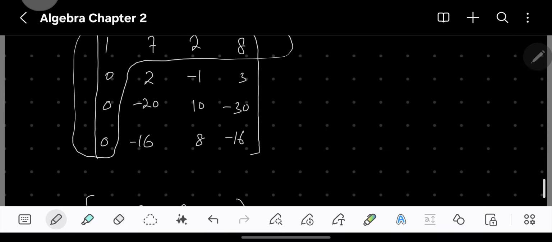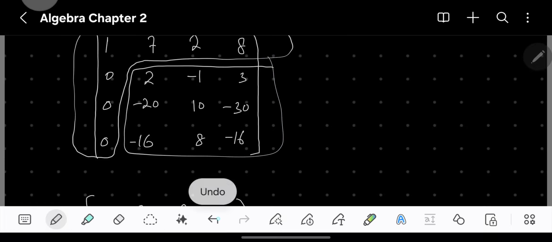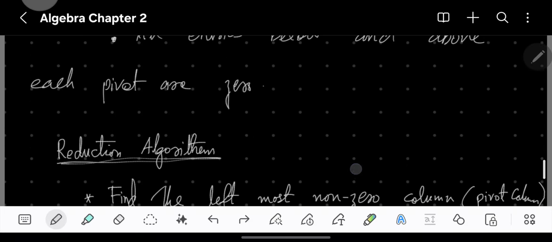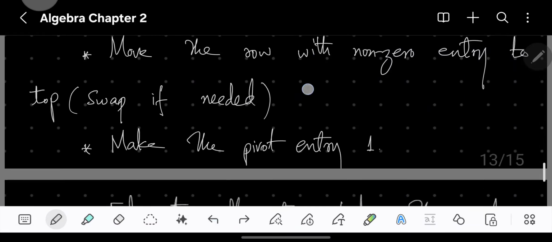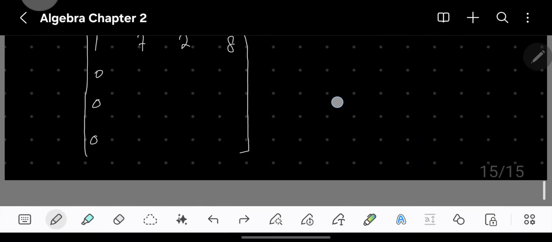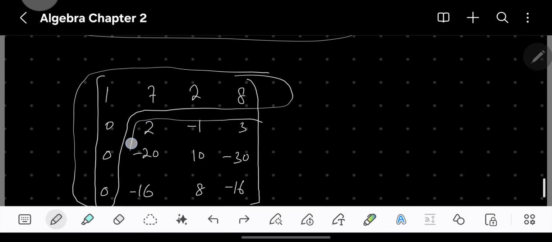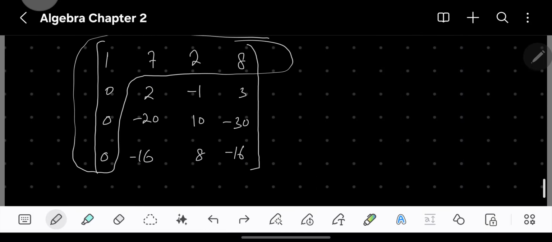So what to do now? First I will repeat the same procedure for this matrix. Go to the algorithm again. Find the leftmost non-zero column. What is the leftmost non-zero column from here? There are 3 columns, right?